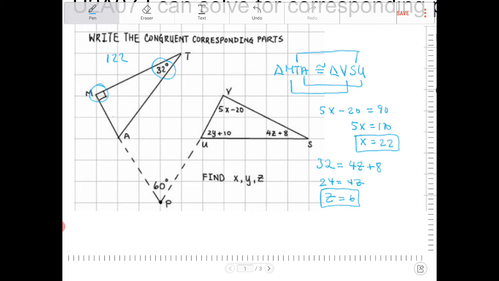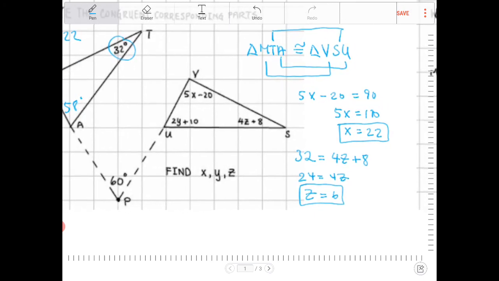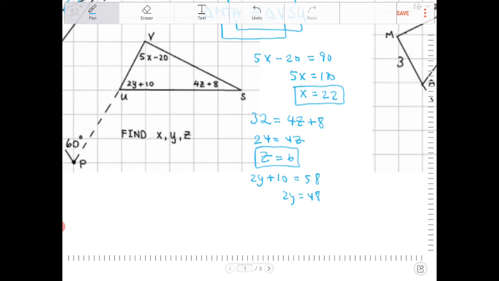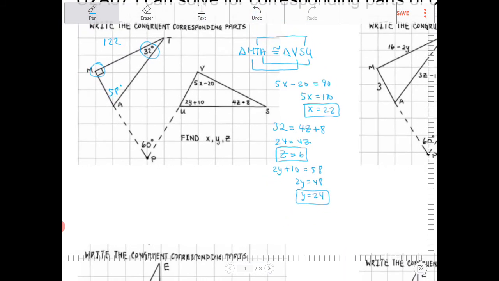So the difference must be 58, so that angle must be 58. Therefore I can do the same thing and solve for y. I know that 2y plus 10 will equal 58. Subtract 10, 2y is equal to 48. Y will therefore equal 24. And there you go.